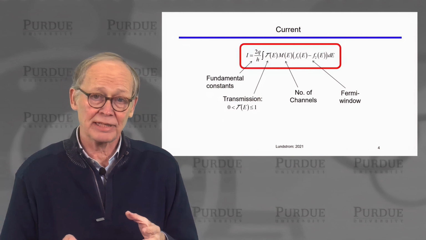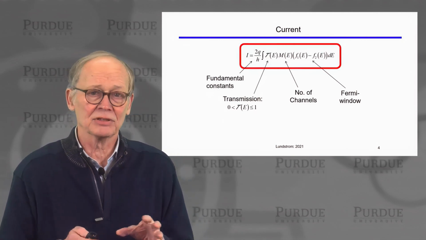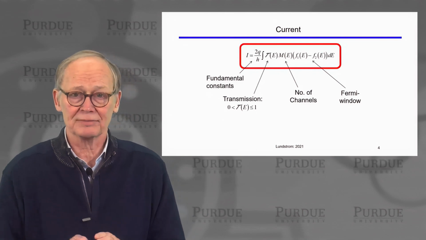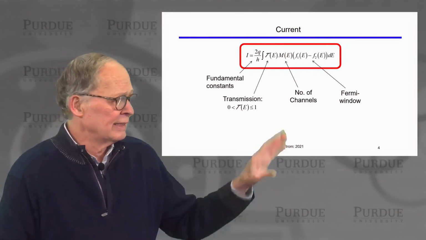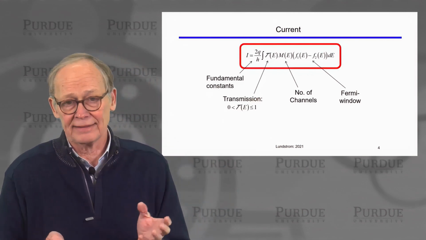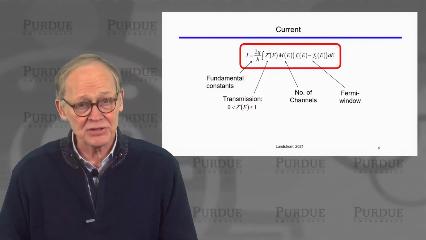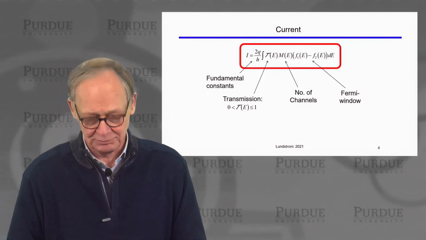And at a particular energy, current only flows when the Fermi functions of the two contacts are different. That's called the Fermi window. And we do an integral over energy and add up all the contributions at the energies in the conduction band or valence band, depending on whether we have an N-channel MOSFET or a P-channel MOSFET.